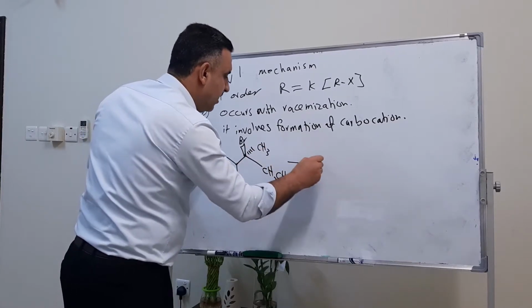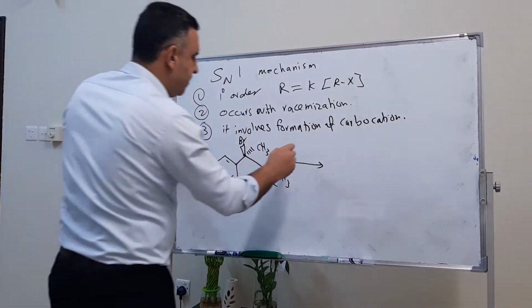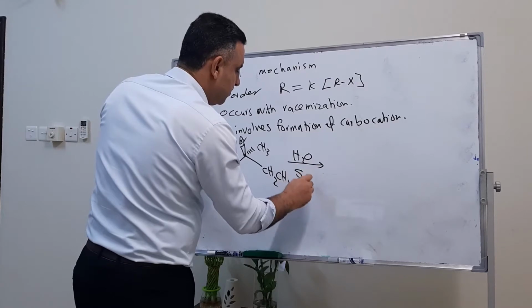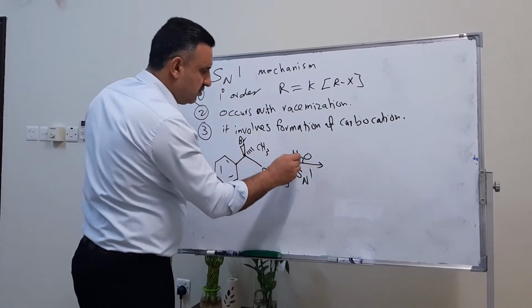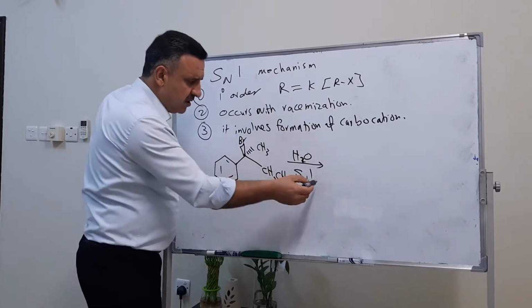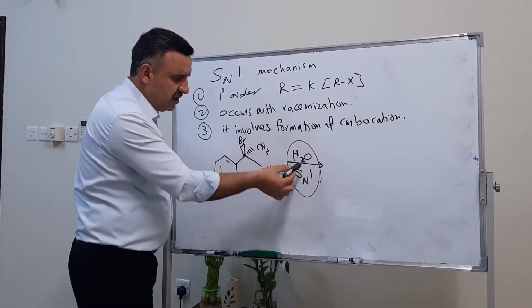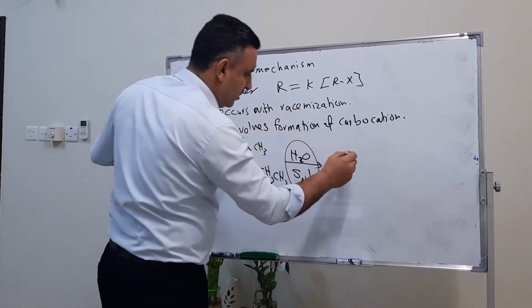Now, if we allow this to react, for example, with water, which means this will proceed via the SN1 reaction mechanism, what we are going to get first of all is that the H2O, the nucleophile, will replace the bromine and it will simply leave OH in its place.